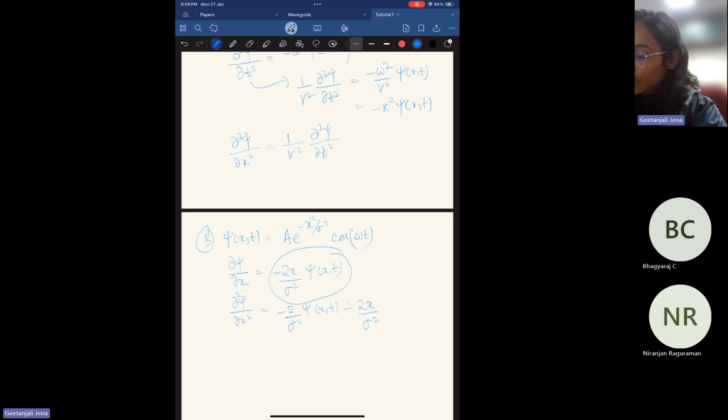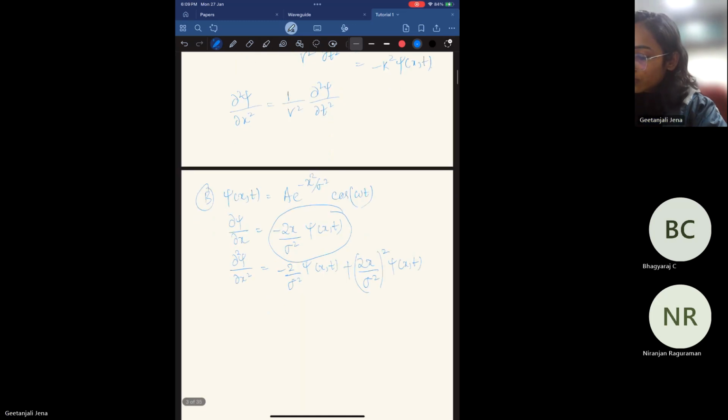So that means this will come out as 1 by sigma square psi of x,t. Now if you factor out the common terms, it will be 1 by sigma square, there is minus 1 plus x square, psi of x,t.